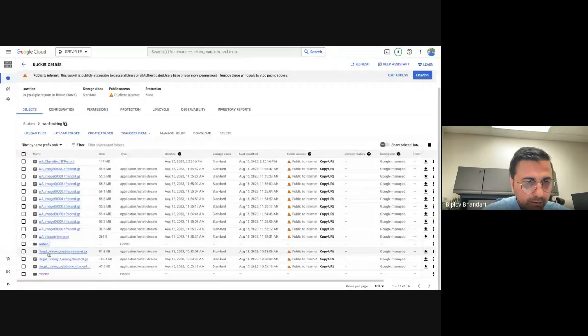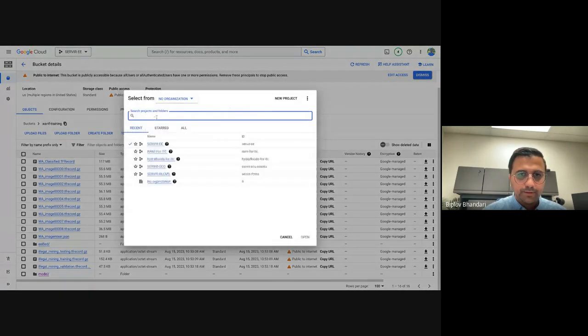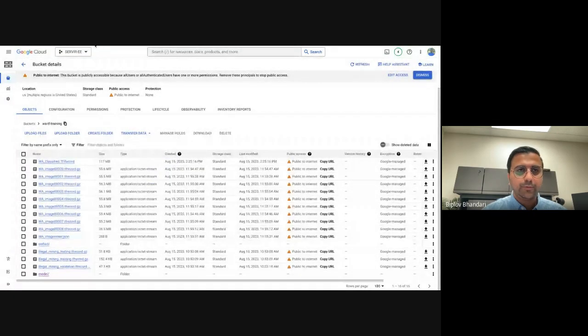I have illegal_mining_testing, that was the name we provided, along with the training and validation datasets. These are inside the Google bucket WA_TF_training. If you go up where we were declaring variables, this was the name of the bucket we put, and the name of the project was Servir-EE, the cloud project that we put in there.